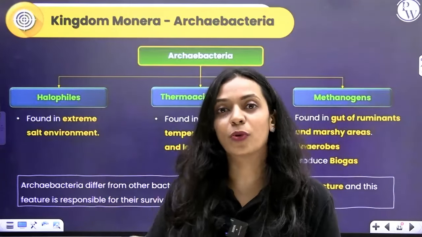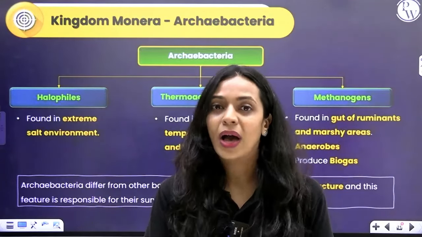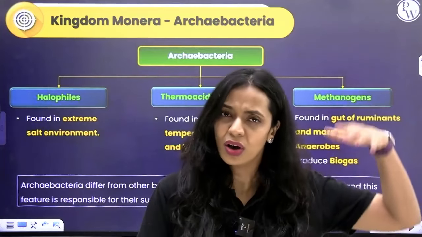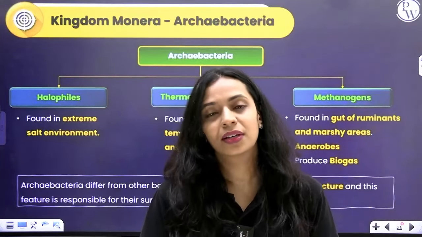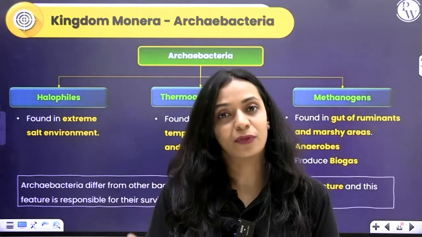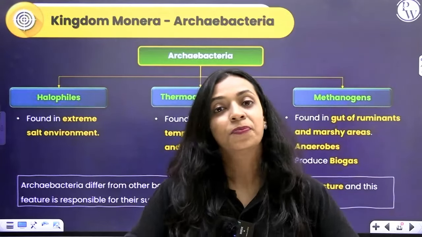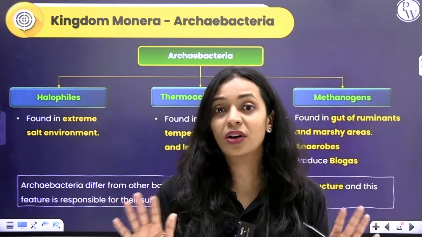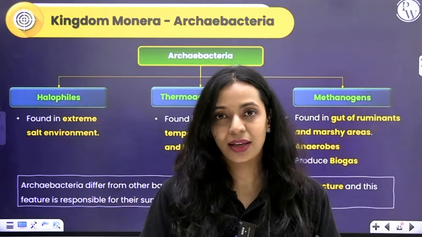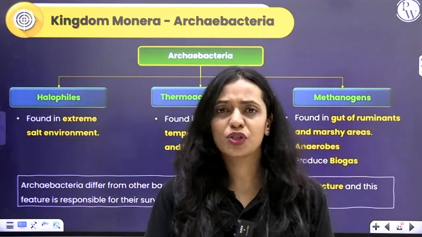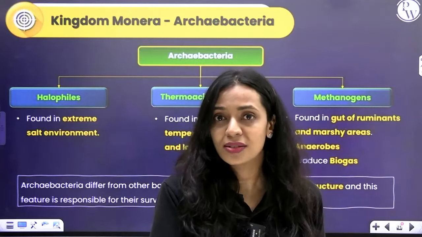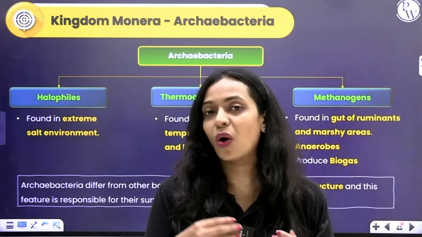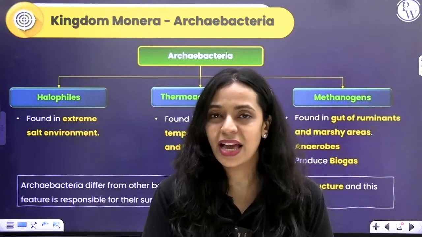So this group of bacteria is believed to have evolved so early on during the evolution of life on earth that when these bacteria evolved and thrived, the conditions on our earth were not similar to how it is today. Back when they evolved, the temperature probably was very high, or there was not sufficient oxygen, there were anoxygenic conditions, or the pH was very low, it was very acidic.